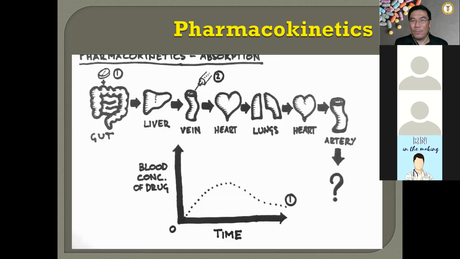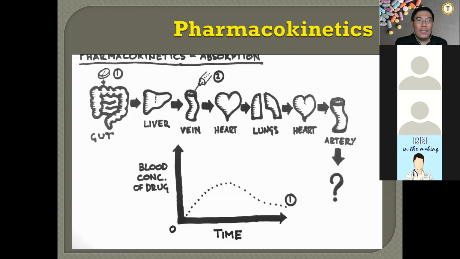Again, I repeat, any oral drug that passes through the metabolism of the liver undergoes the process of first-pass effect, and first-pass effect only happens for oral drugs.